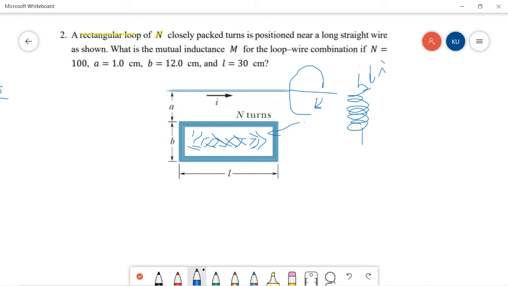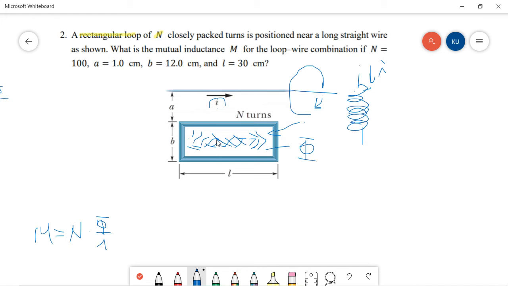And according to the definition of the mutual inductance, M equals N times phi over I. So phi is the magnetic flux across this area, and I is this I. So this is the mutual inductance.